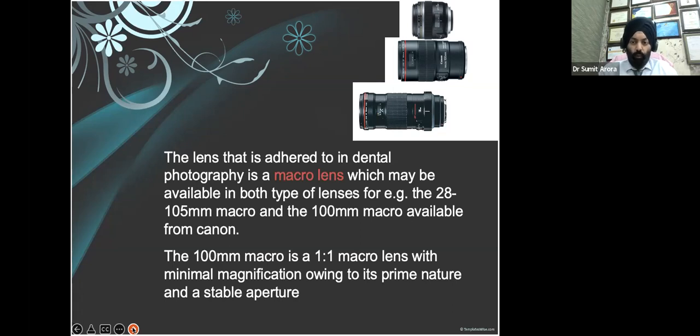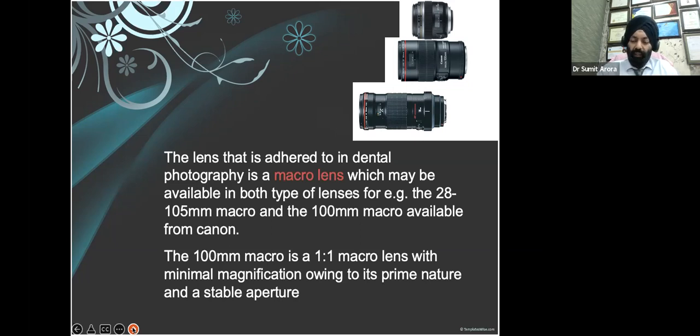And one more benefit you will get with the macro lens is that there is image distortion otherwise. Supposing the incisor is 10 mm in length. When you click it, it should be written that there is a 1:1 macro ratio, like a magnification ratio. What is that?